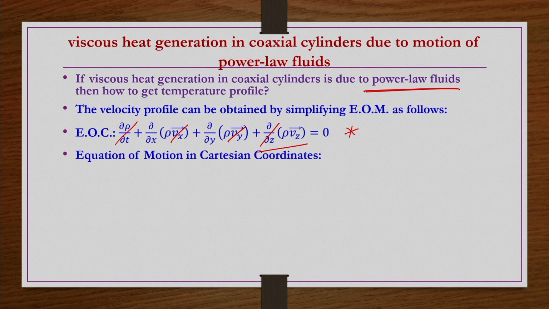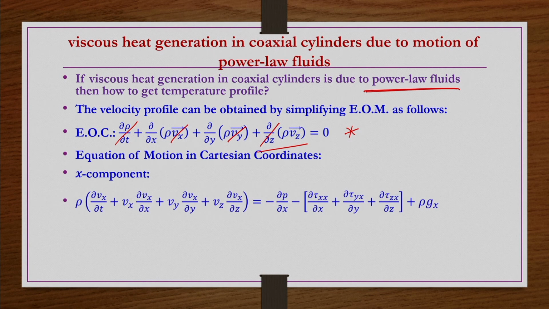Then the equation of motion in Cartesian coordinates, the x component, is given here. Now you can see the difference: the viscous terms are provided in terms of the extra stress components tau xx, tau yx and tau zx, etc. It is not given directly in terms of velocity, because tau will be substituted later on, once we simplify this equation based on the nature of the rheology.